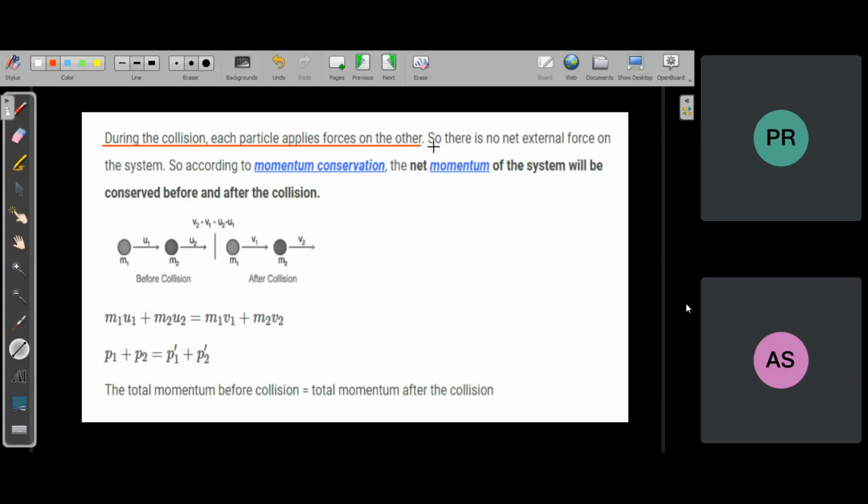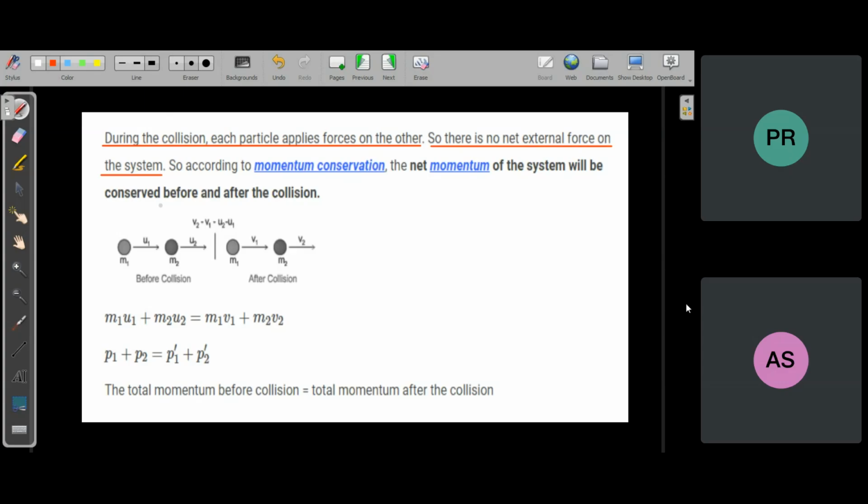So if we look at the net external force on the system of two bodies colliding with each other, there is no net external force, because particle 1 is exerting force on particle 2 and particle 2 is exerting the same amount of force in the opposite direction on particle 1. So the resultant of these two forces will always be 0. And anyway, these two forces are internal forces. So there is no net external force on the system.